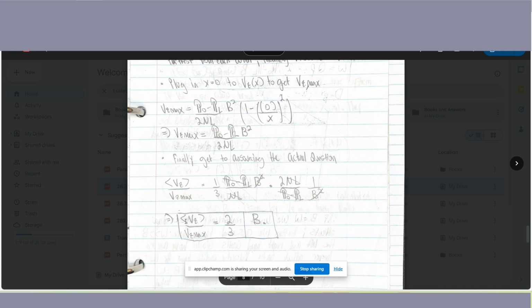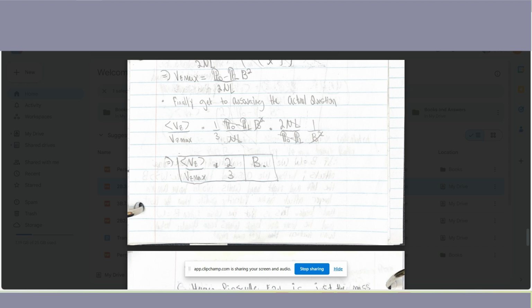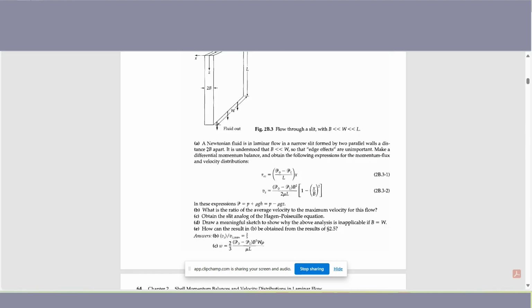And average velocity equals 2/3 Vz max, and you're just canceling terms there. It makes sense. So that's the answer for part B.